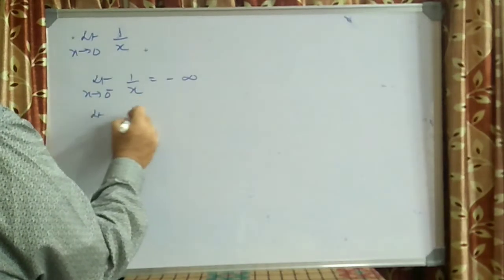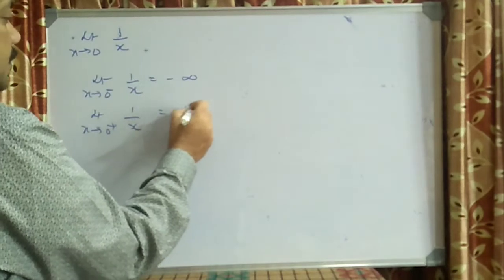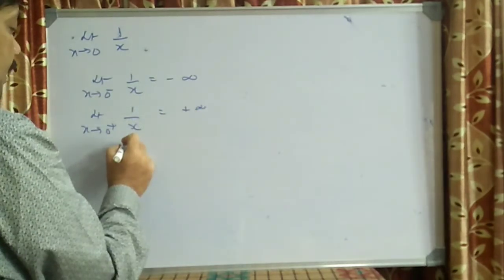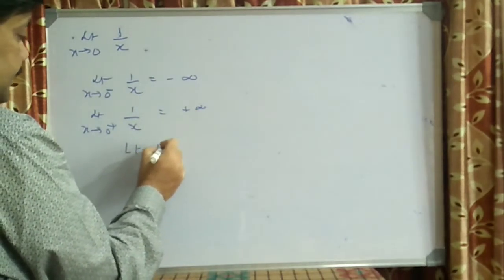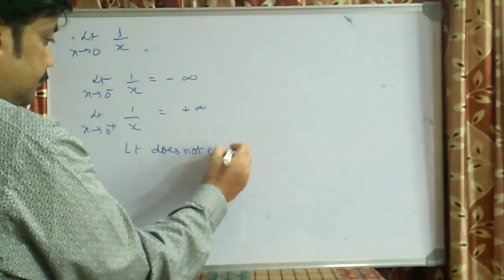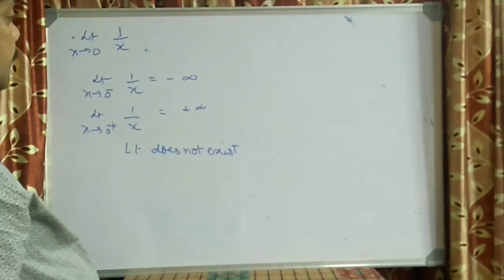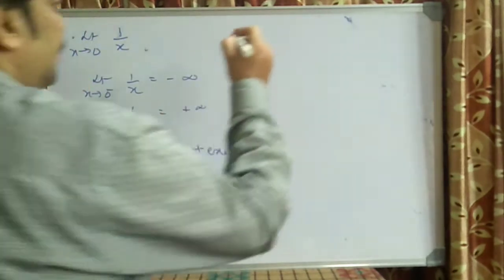Limit 1 by x as x tends to 0 plus will be positive infinity. Here also I do not have the limit existing. This is how we extend this model.